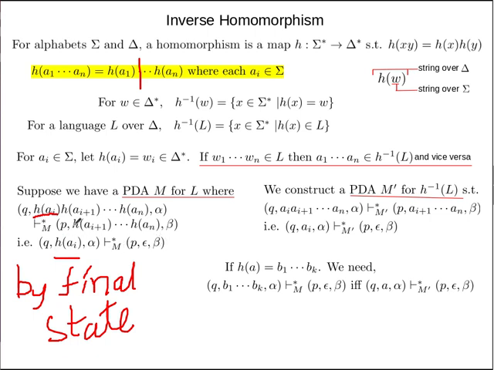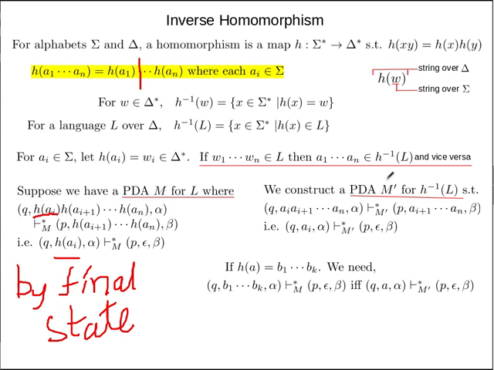So there's a one-to-one correspondence between this chain of transitions and this chain of transitions, right? So let's just focus on this. It's simpler than mentioning the remaining part. So suppose this is happening in M.